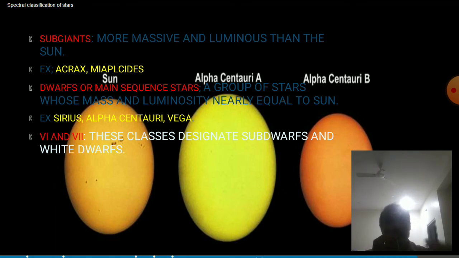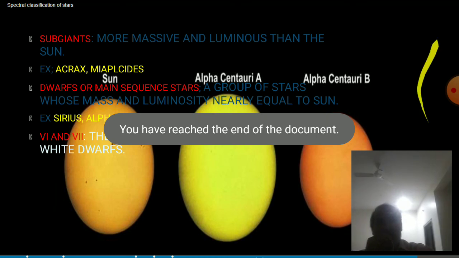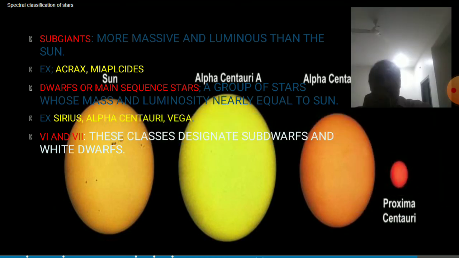Example, Sun, Alpha Centauri A, Alpha Centauri B, which are seen on the screen. The sun appears yellowish, Alpha Centauri A appears lemon in color, Alpha Centauri B appears orange, and Proxima Centauri appears red.